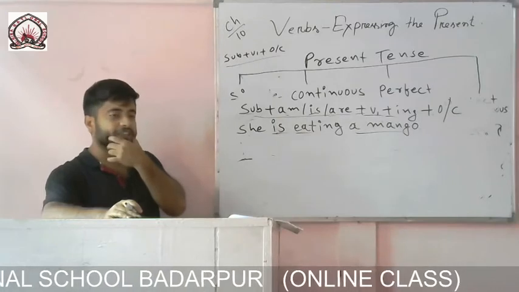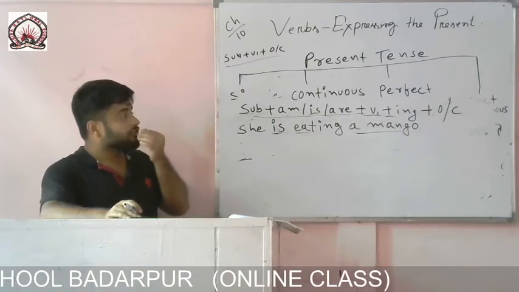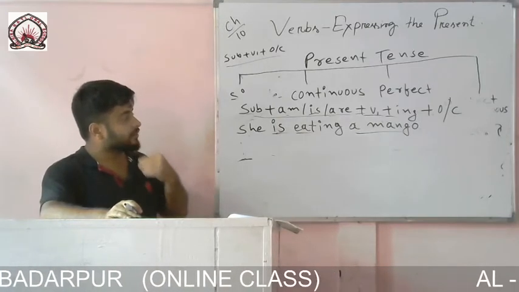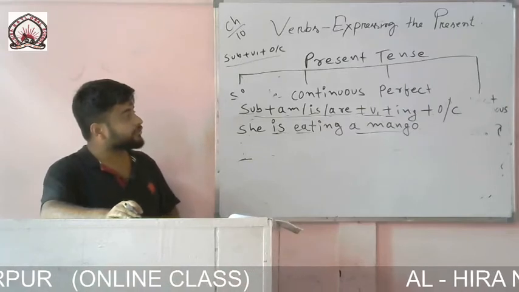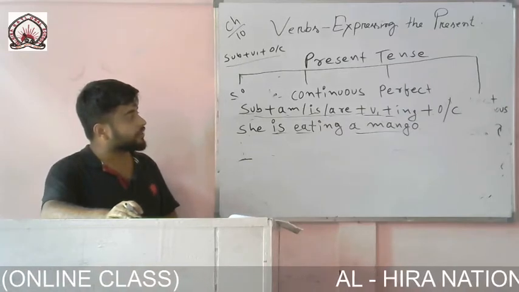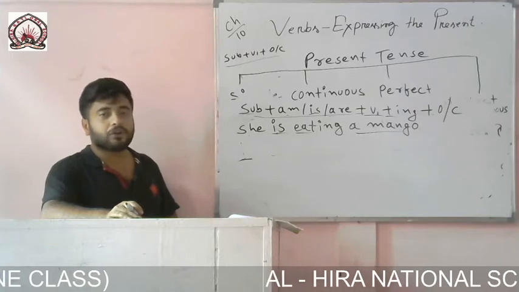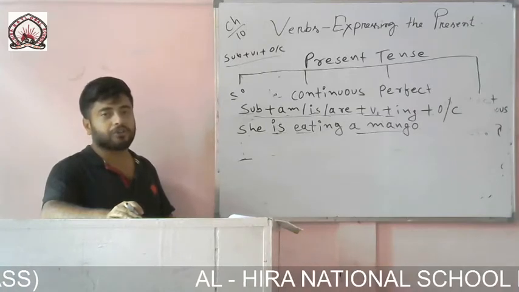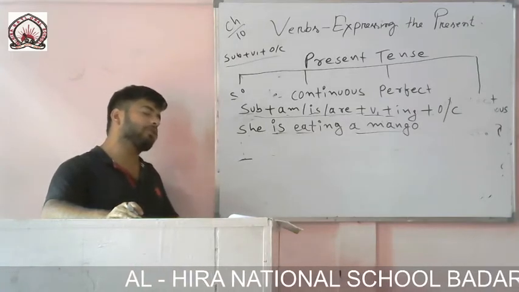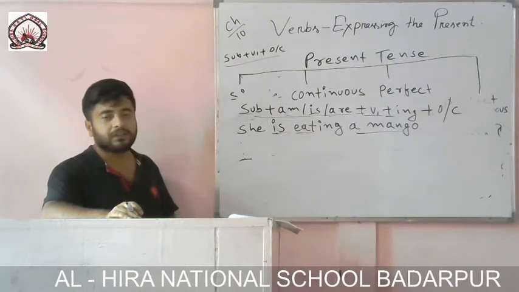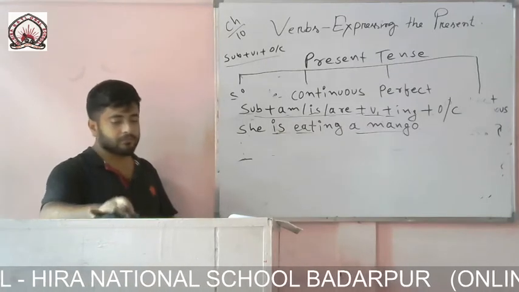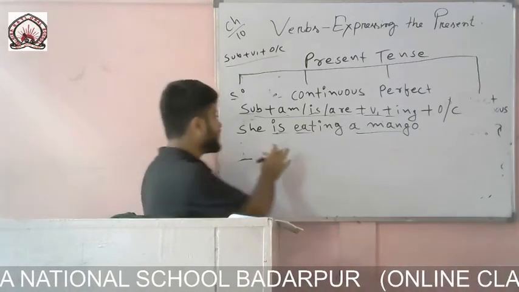Now, how do we transform a sentence of present continuous to present continuous negative, present continuous interrogative, and present continuous interrogative negative? Now, she is eating a mango.